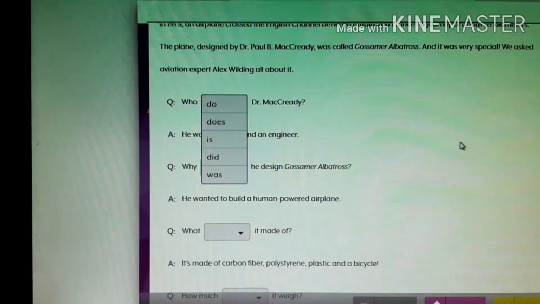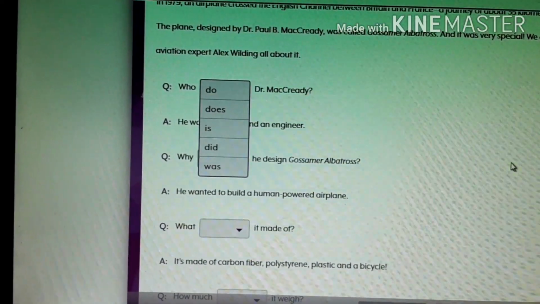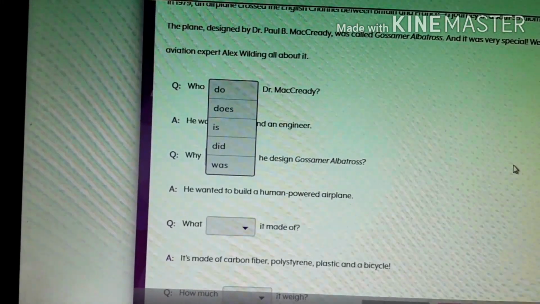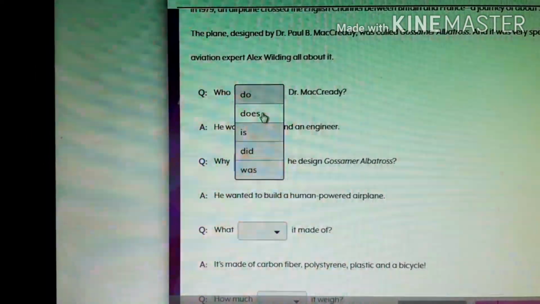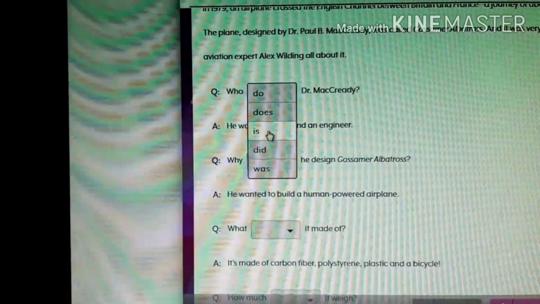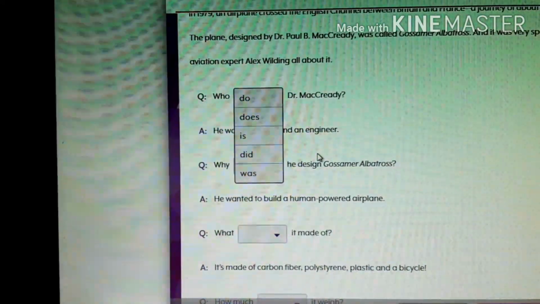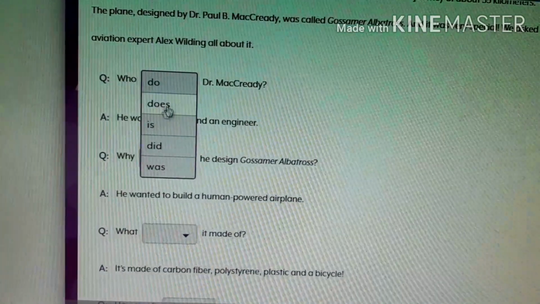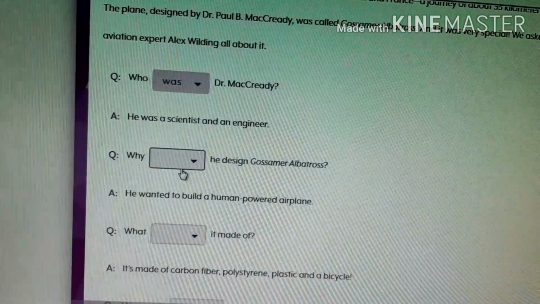What do you think is the correct word to complete the question? ¿Cuál creen ustedes que es la opción correcta para completar la pregunta? We have do, does, is, did, or was. What is the correct option? As you can see, and some of you answered, the correct option is was.